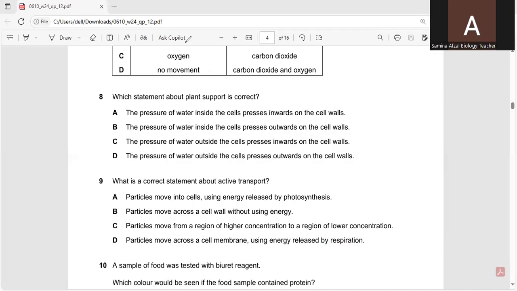The pressure of water inside the cell presses outwards onto the cell walls. The pressure of water outside the cell presses inward on the cell walls, and the pressure of the water outside the cells presses outwards onto the cell walls.